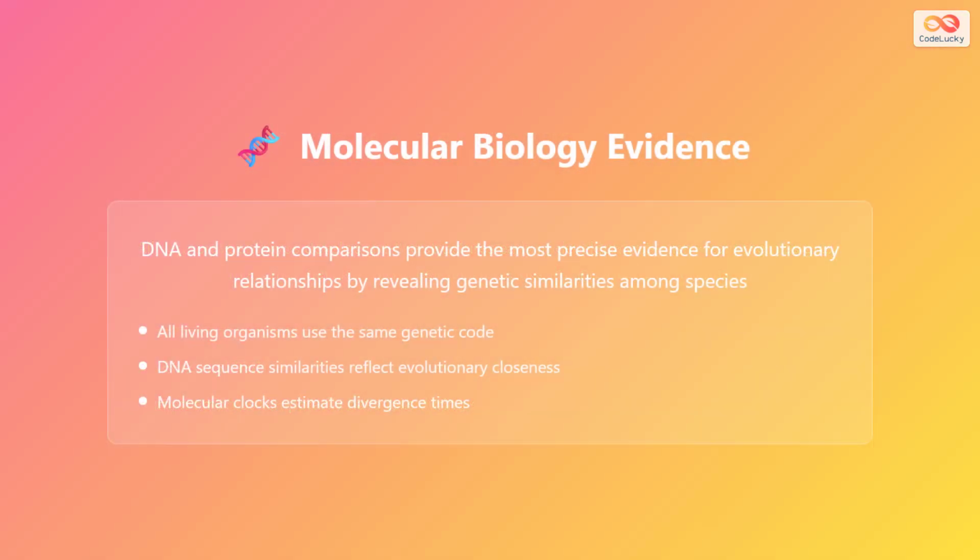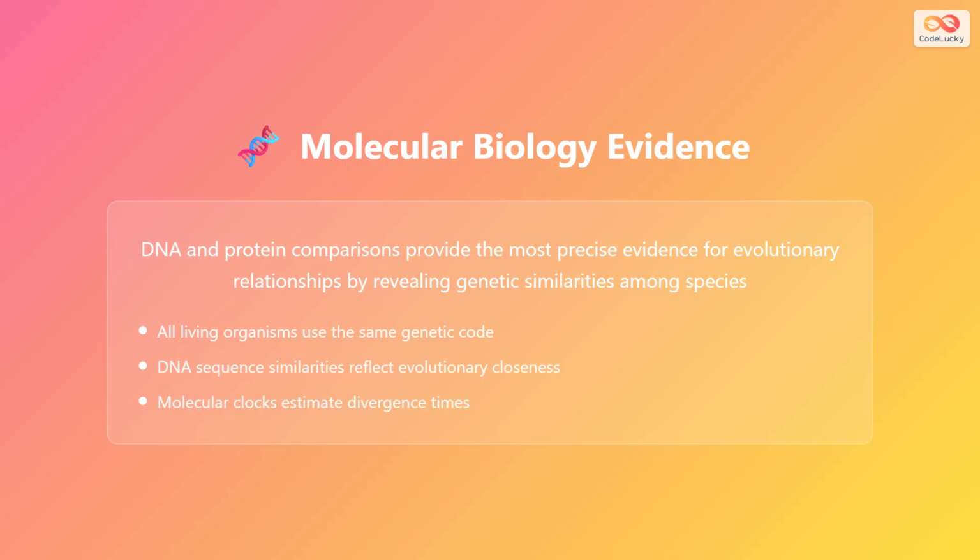Molecular biology provides the most precise and detailed evidence for evolution by examining the genetic material that all living things share. DNA and protein comparisons allow scientists to measure exactly how related different species are at the molecular level. 3 key observations support evolution. First, all living organisms on Earth use the exact same genetic code, suggesting all life descended from a common ancestor.